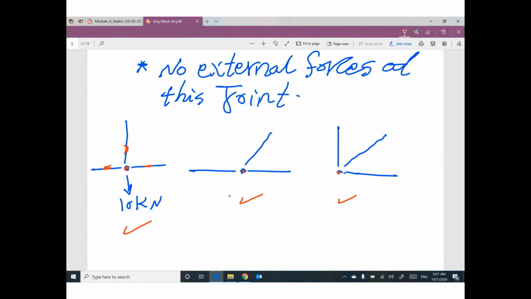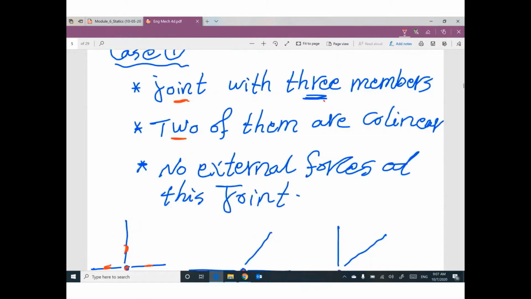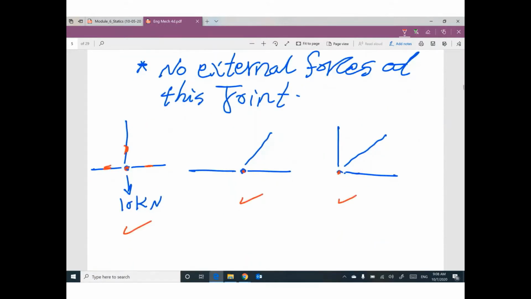Okay, second condition. 2 of these 3 members are collinear. Do you think we have 2 members here collinear? Collinear means on the same line, like this, or like this, or like this, on the same line. Do you think we have 2 members on the same line?